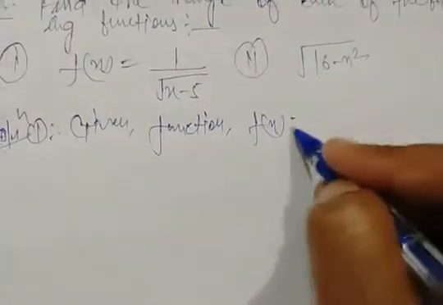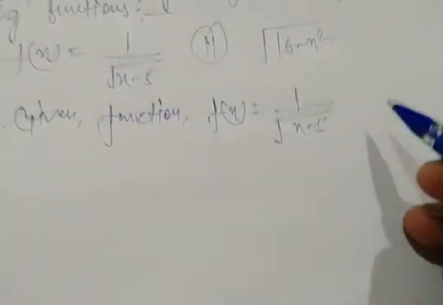Given function f of x is equal to 1 upon under root x minus 5.